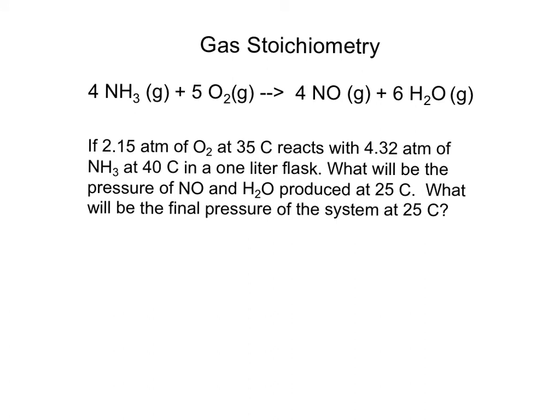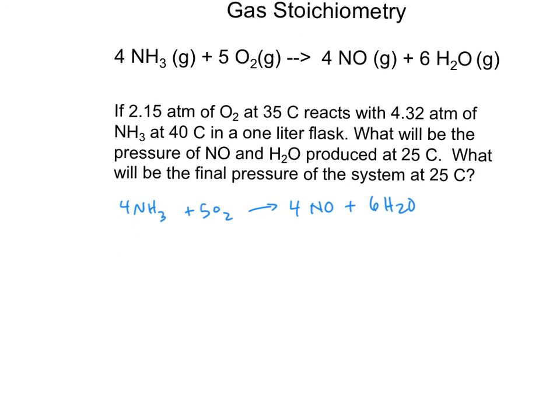Okay, so I'm just going to write out the equation here so I can write underneath it. So 4NH3, it's all gas phase, 5O2, 4NO, 6H2O. Okay, and let's see.